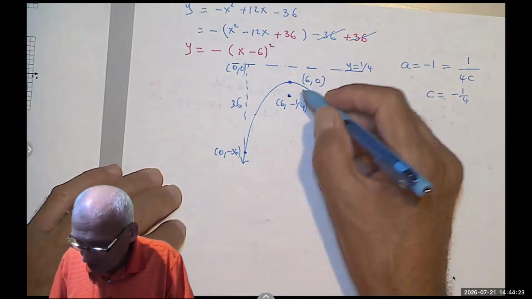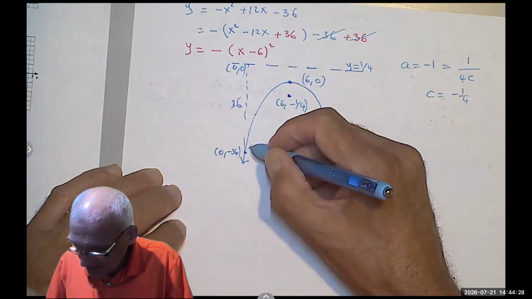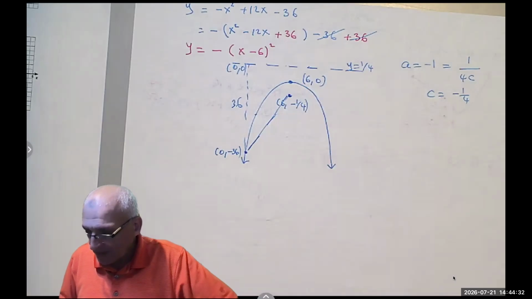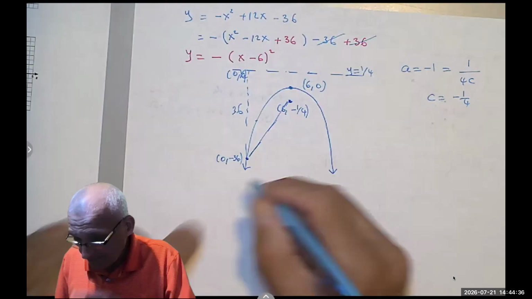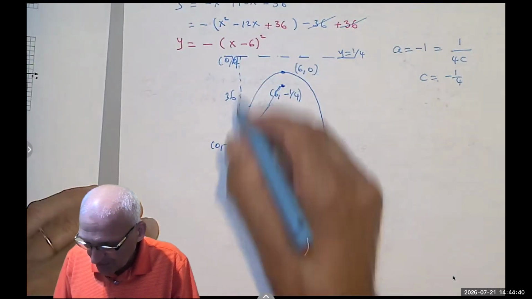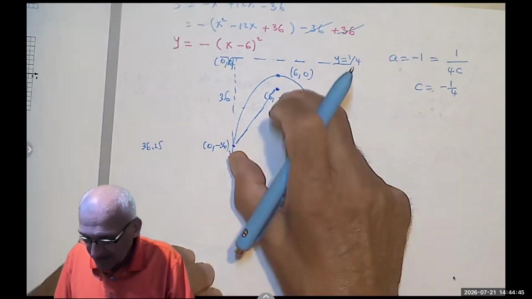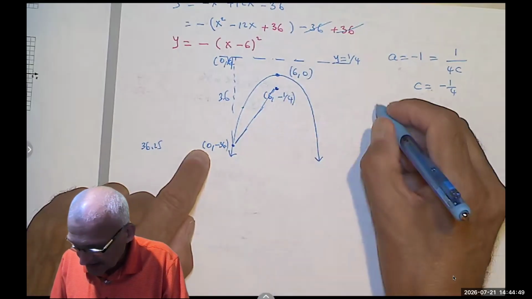Okay, so what about this length? Oh, I'm sorry, this is (0, 1/4). So the distance is really 36 and a quarter. How about this distance? Along the x, it's 6.